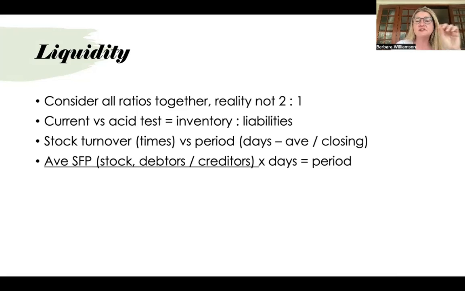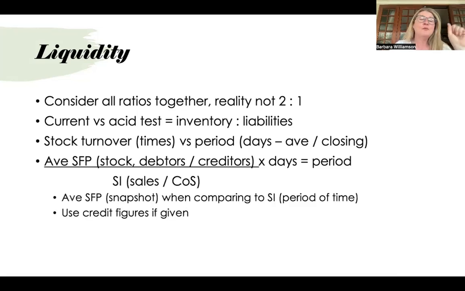And then you'll times it by the number of days in the period. So if you've got figures for a year, you will say times 365. But if you've only got figures for a month, then you would say times 30. These figures will be divided by whatever figure relates to it on the statement of income.